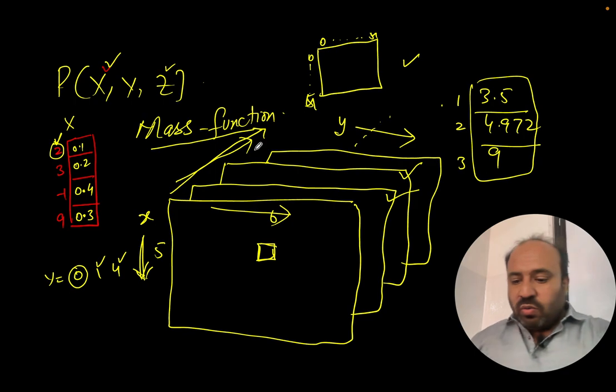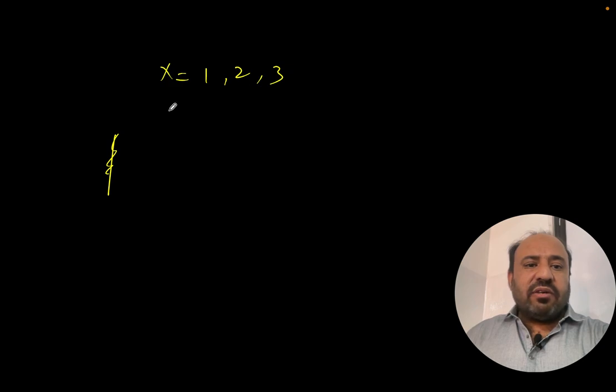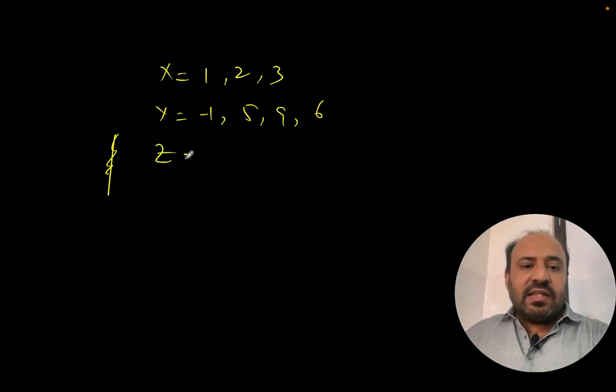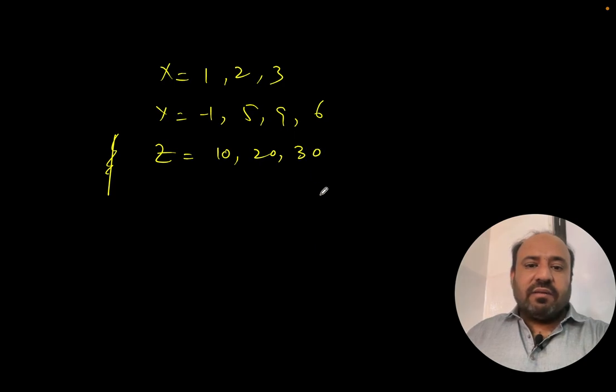For example, let's say x is 1, 2, 3. These are 3 values. Y is -1, 5, 9, 6. And let's say z is 10, 20, and 30.